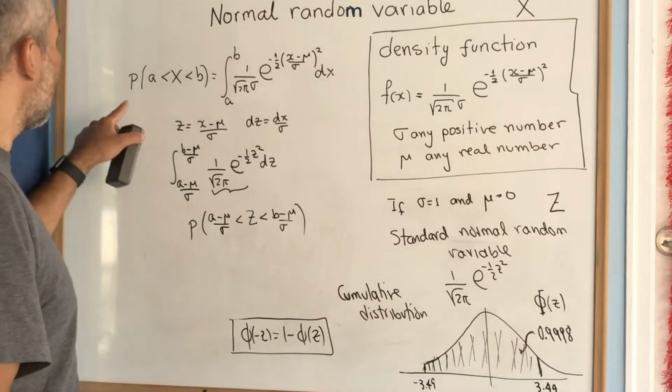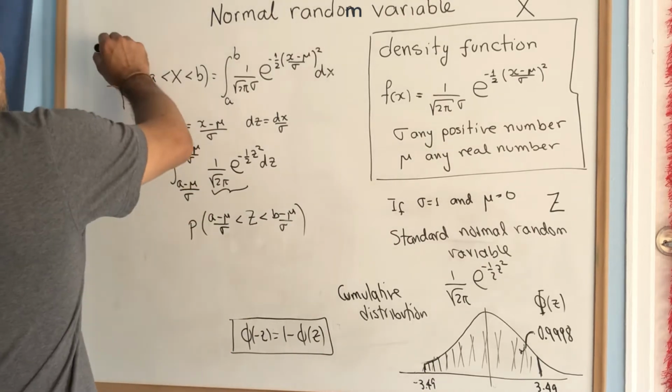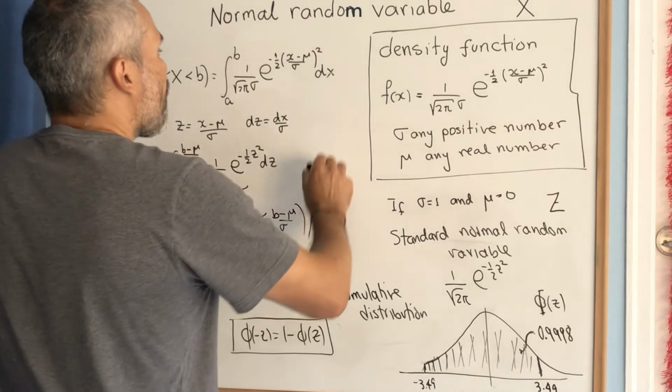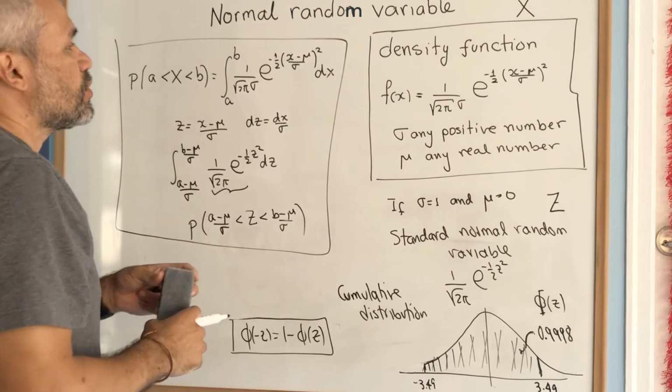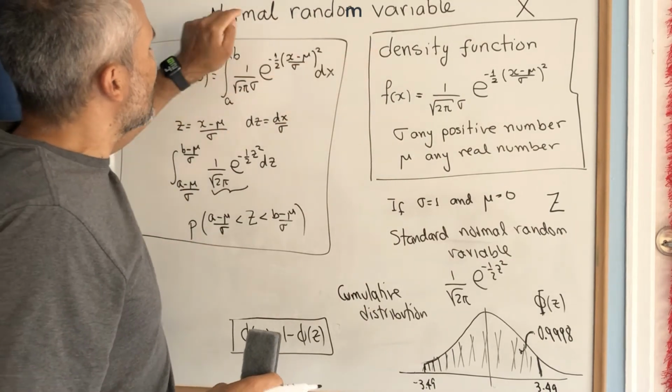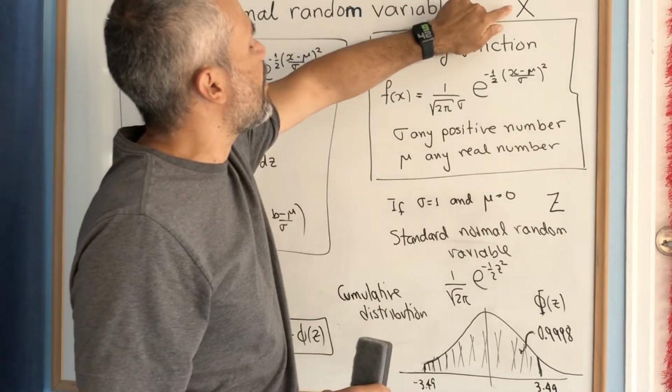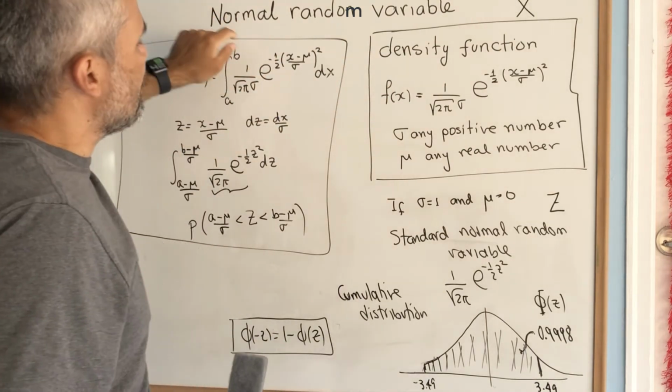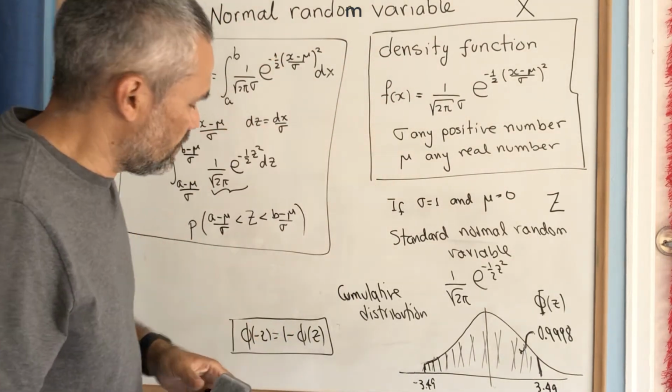Then this is an important formula that will allow us to compute the probability of the normal variable for any parameters sigma and mu.